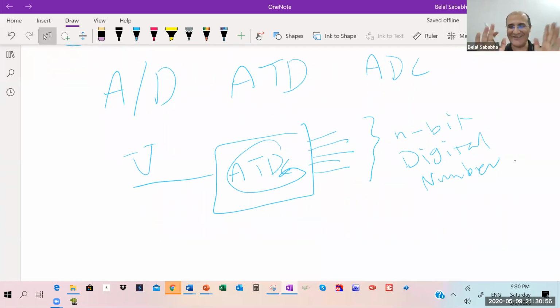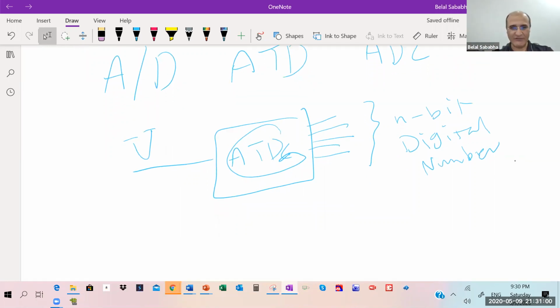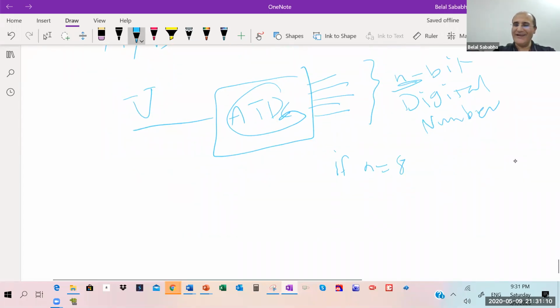Well, it's not magic. I'll talk about it, but not in detail because we cover it at the graduate level. So if my n is 8, it means I can represent the voltage in 2 to the 8 levels.